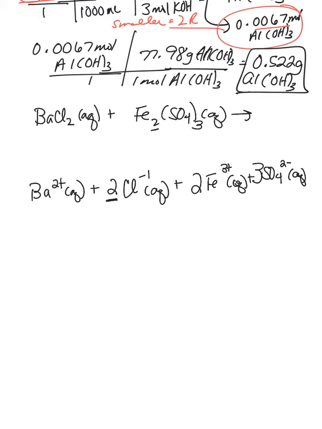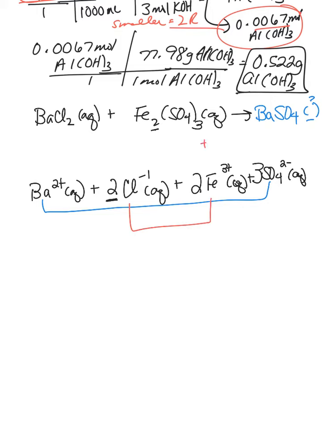Okay, so now barium is going to combine with sulfate, and they have a +2 and a -2 charge, so we don't have to do anything there, it's just barium sulfate. And we're going to have to figure out what we put in that parentheses based on its phase, whether it precipitates or not, whether it's soluble or aqueous. And then we're going to combine iron with chloride, and we have a 3+, so we're going to need 3 chlorides.